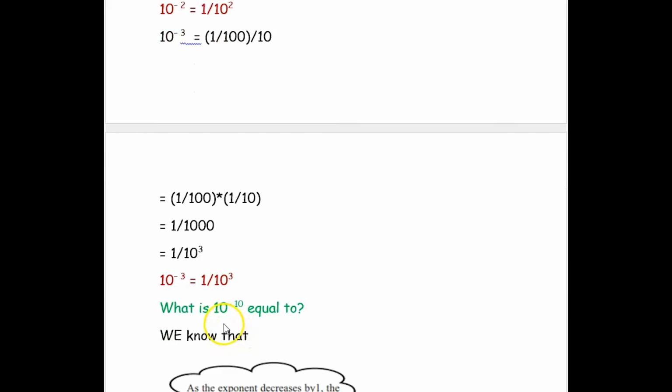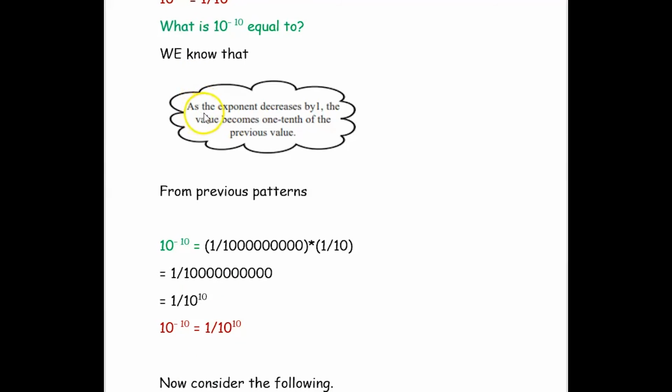So now, what is 10 raised to the power of negative 10 equal to? We know that as the exponent decreases by 1, the value becomes 1/10 of the previous value. From previous patterns we have observed this, right? So now 10 raised to the power negative 10 is 1/10 of the previous value.